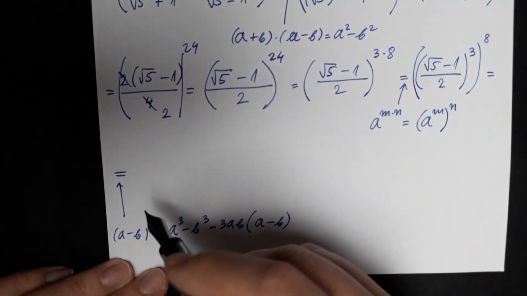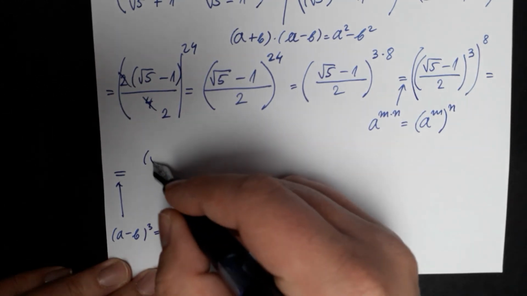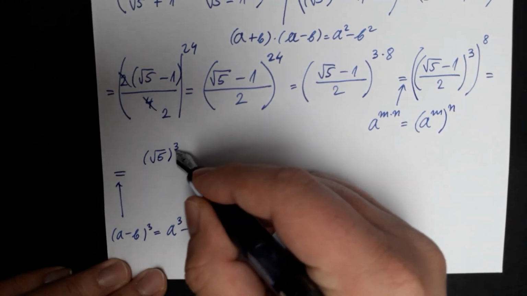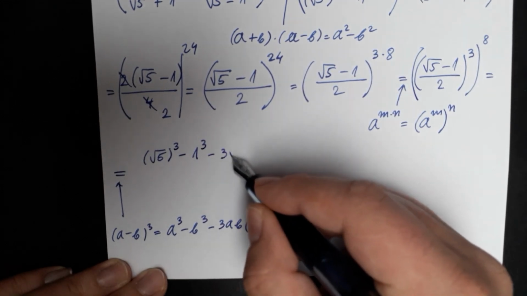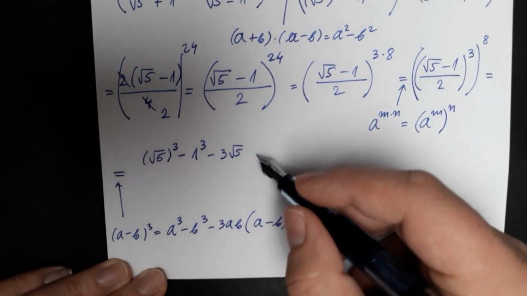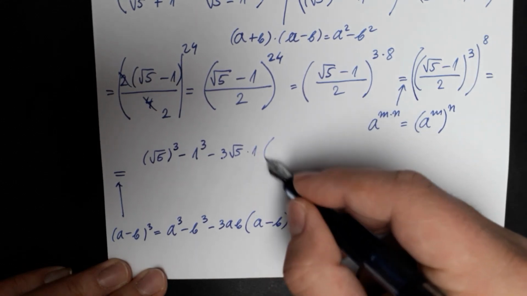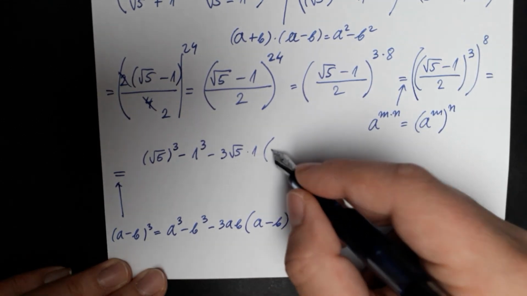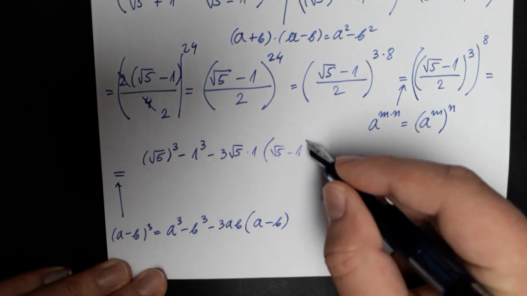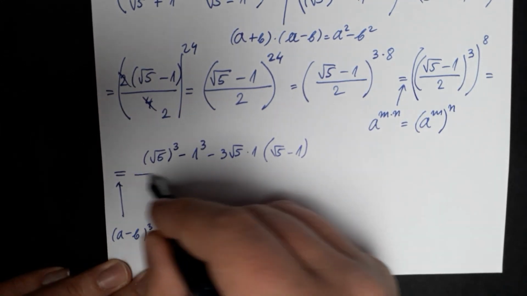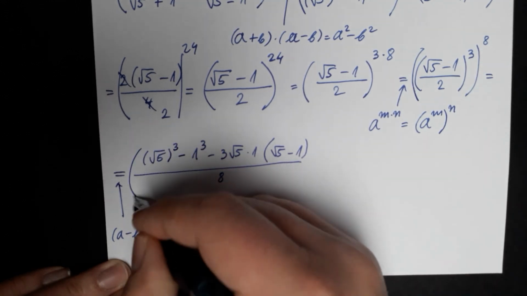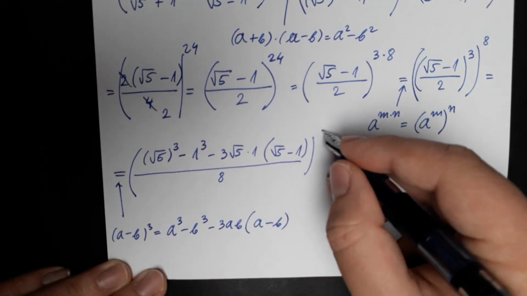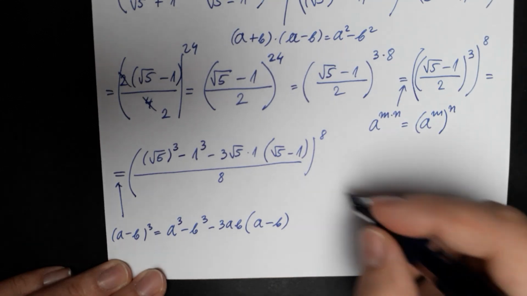So what I have then is the square root of 5 cubed minus 1 cubed minus 3 times the square root of 5 multiplied by 1, and in the bracket I have the square root of 5 minus 1, over 2 cubed, which is going to be 8, and all of that is going to be raised to the 8th power.